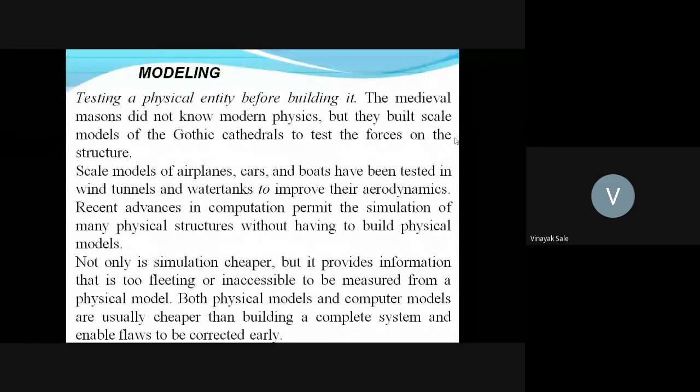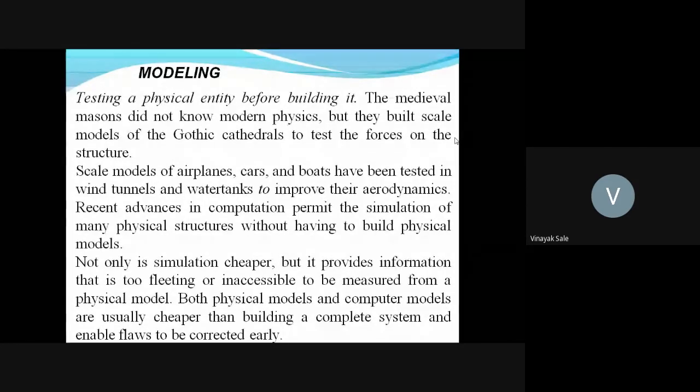Modeling means testing a physical entity before building it. The medieval masons did not know modern physics, but they built scale models of Gothic cathedrals to test the forces on the structure.